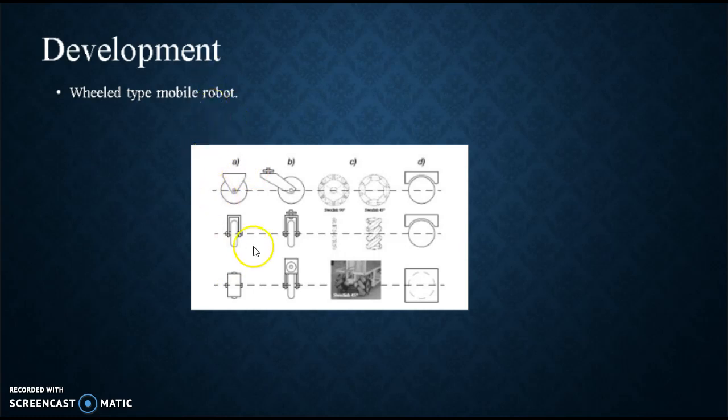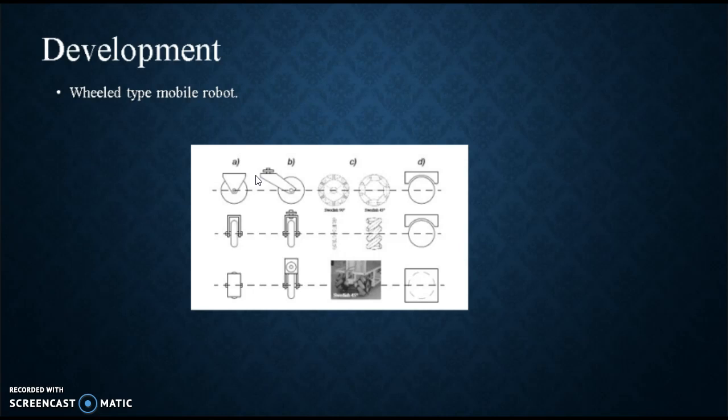Class A is the standard wheel, which has 2 degrees of freedom: rotation around the wheel axle and the contact point. For class B, the castor wheel has 2 degrees of freedom and rotation around the offset steering joint.